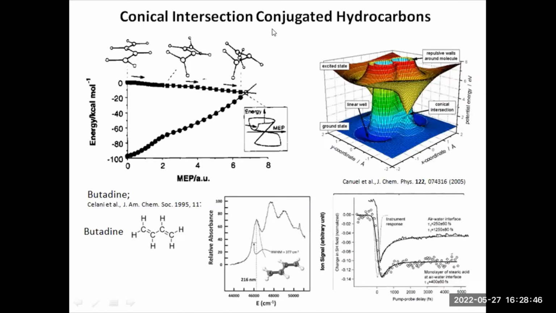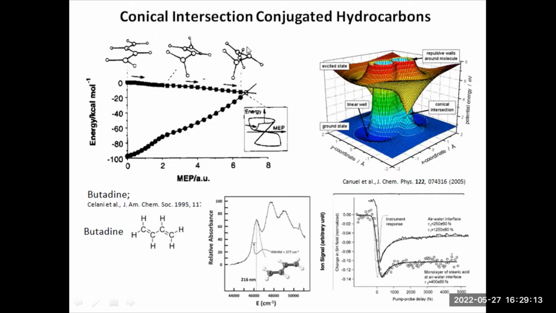Now these hydrocarbons also have this conical intersection. This is the case for butadiene, which contains 4 carbon atoms. And we can see that if we excite it with a photon, it goes to the excited state. And then it very quickly goes to a different configuration.